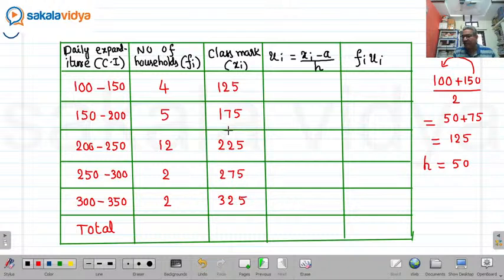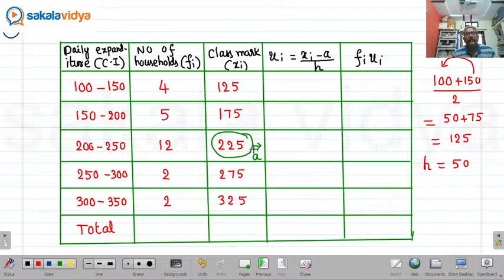So now you need to choose the assumed mean. Select the middlemost value among the five, so select 225 as A. This is A, small a.